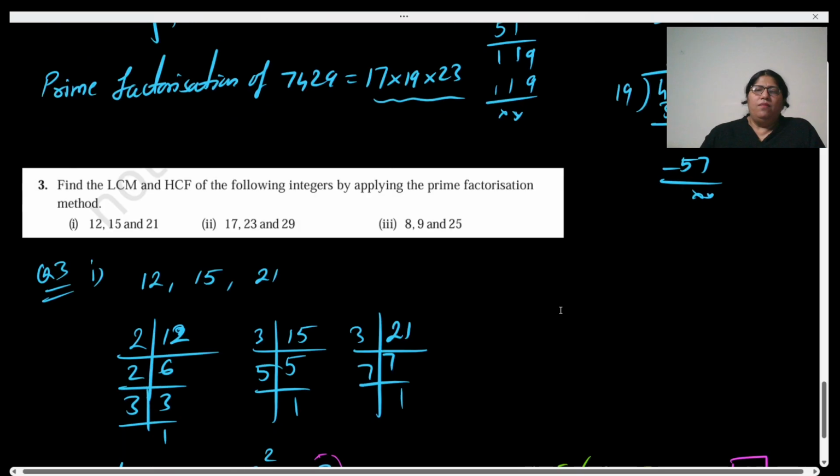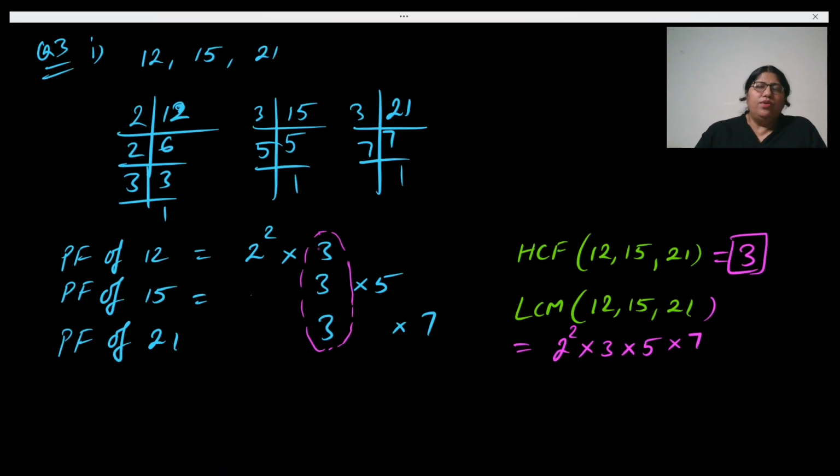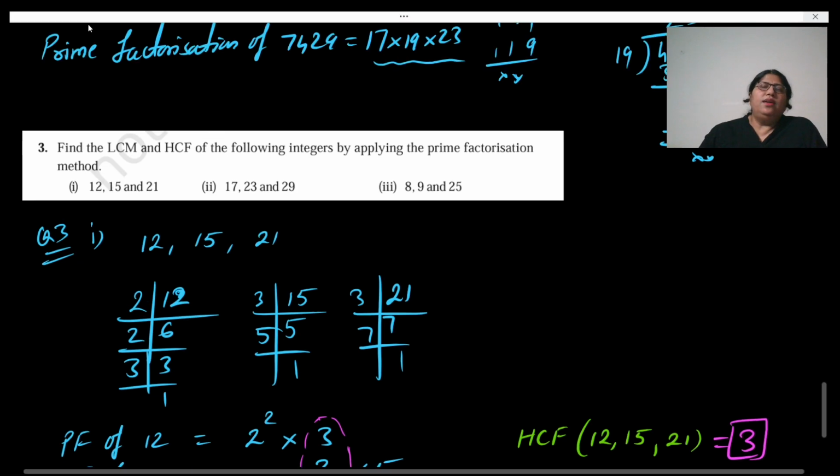If it's common, do not take it more than one time. First you take the common factor, which is 3, and then consider all the non-common factors. So 4 times 5 is 20, 20 times 3 is 60, 60 times 7 is 420, which is going to be the LCM of these three numbers.